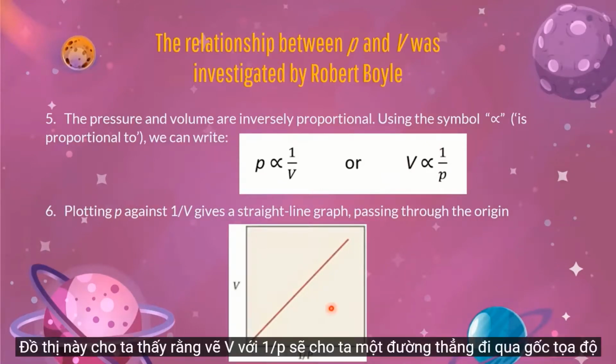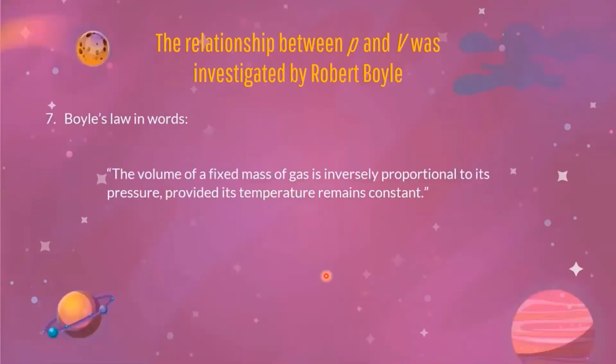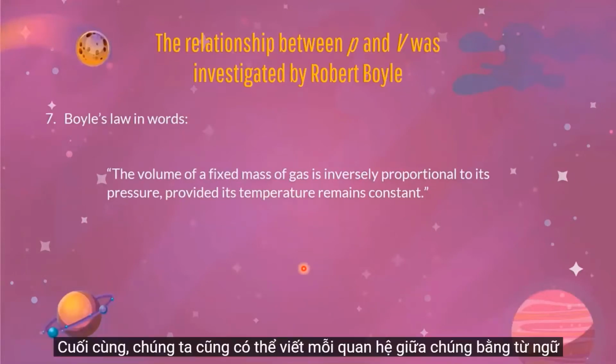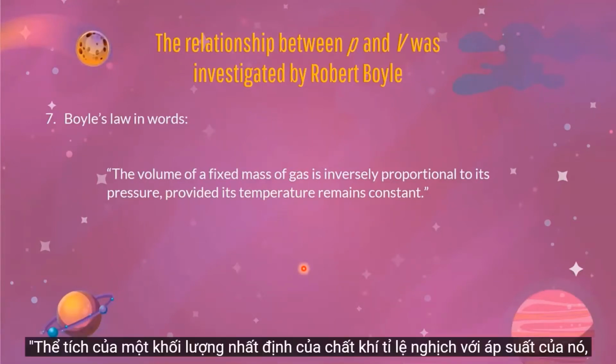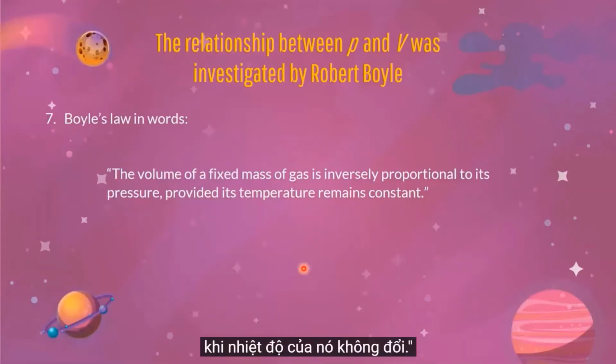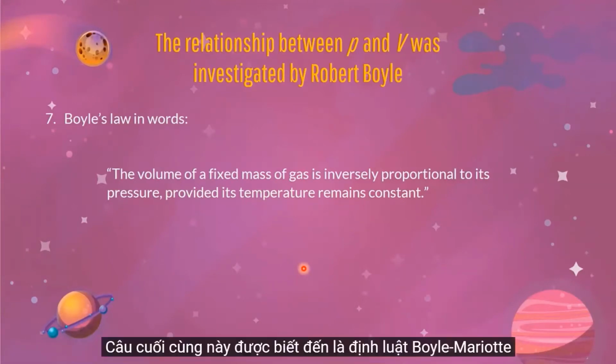This graph shows that plotting P against 1 over V gives a straight line graph passing through the origin. Finally, we can write the relationship in words. The volume of a fixed mass of a gas is inversely proportional to its pressure, provided its temperature remains constant. This last statement is known as Boyle's law.